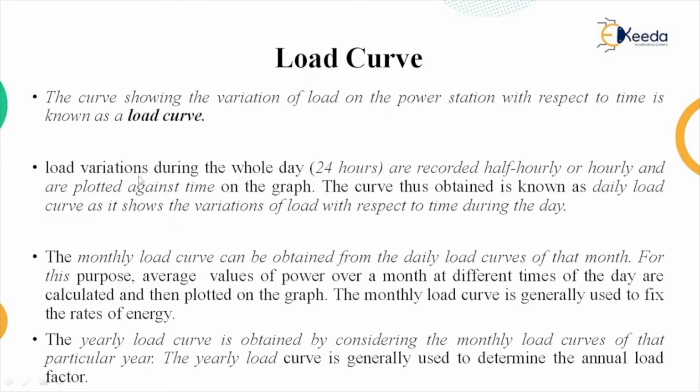Now, load variations during the whole day, that is in 24 hours, are recorded half hourly or hourly, basically on an hourly basis, and are plotted against time on the graph. The curve thus obtained is known as the daily load curve.